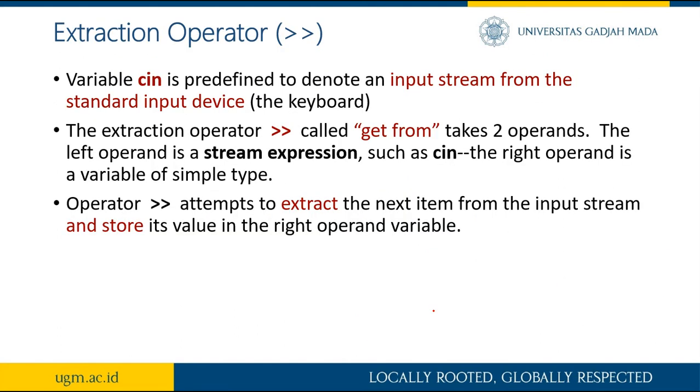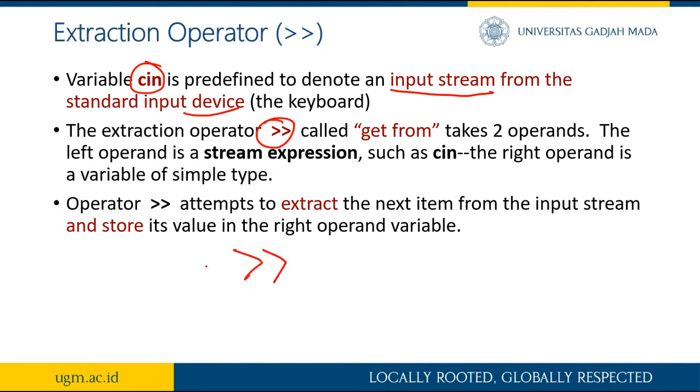Next is the extraction operator. When using the extraction operator, we are using cin. That means we are going to store the data from the input stream, from a device like the keyboard, into our program. So we use this arrow.